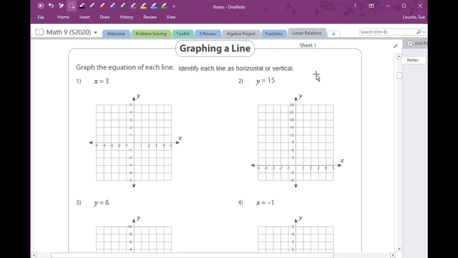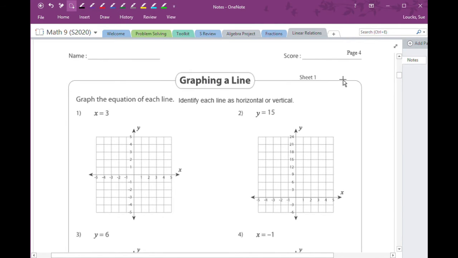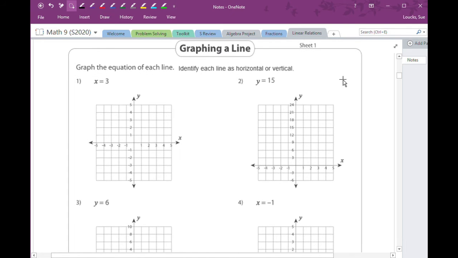Okay, this is page 4, graphing a line. And this is specifically graphing lines that are either horizontal or vertical. So a line here that says x equals 3, that's the equation of the line, means that every point on the line has an x value of 3. So let's take a look at this point right here. This point has an x value of 3 and a y value of 0.